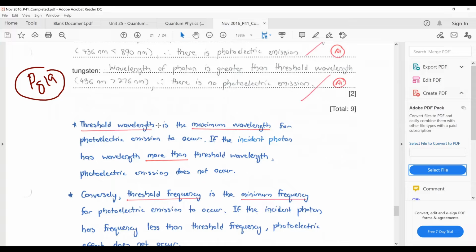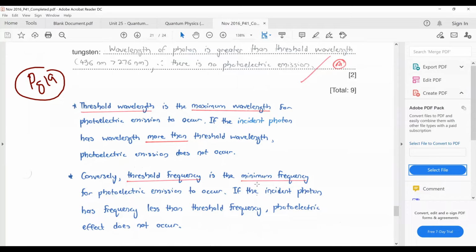So threshold wavelength is one thing, threshold frequency is also another thing. I told you it is the minimum frequency to cause photoelectric emission. Sorry, there is a typo here.